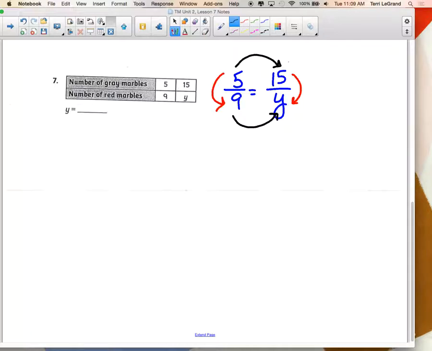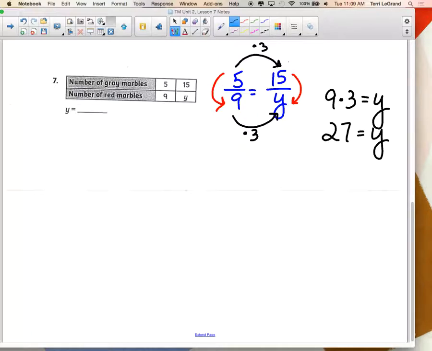How do we get from 5 to 15? 5 times 3. So down here we have to do times 3, don't we? So 9 times 3 equals y. And 9 times 3 is 27.